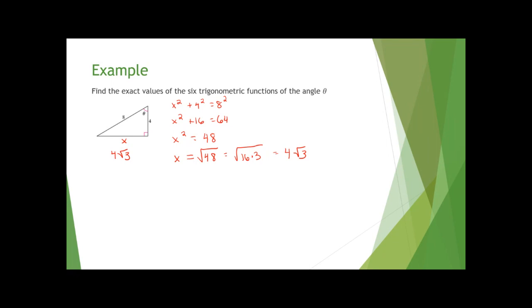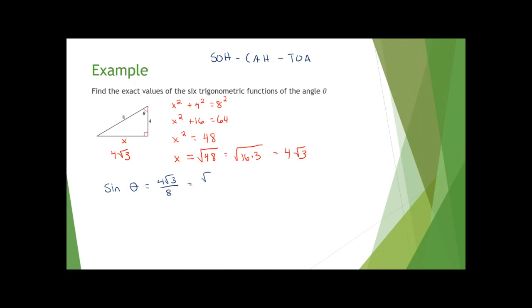So now that I have found the missing side, I can go through and find my trig functions. So I always start with sine, cosine, and then I think I can get all 3 on one side here. So sine of theta, that's opposite over hypotenuse, so SOH. So I'll write that. The opposite of theta is 4 square root of 3, and the hypotenuse is 8.